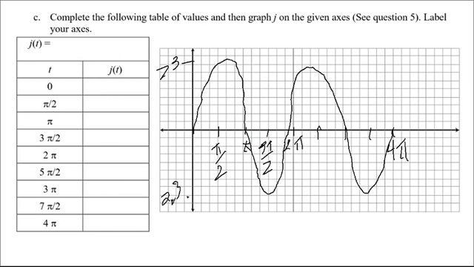Right? And now for j of t equals 2.3 sine of t over 2, we would have a complete revolution in 4 pi. So we'll have this graph, just enhancing what we established previously.